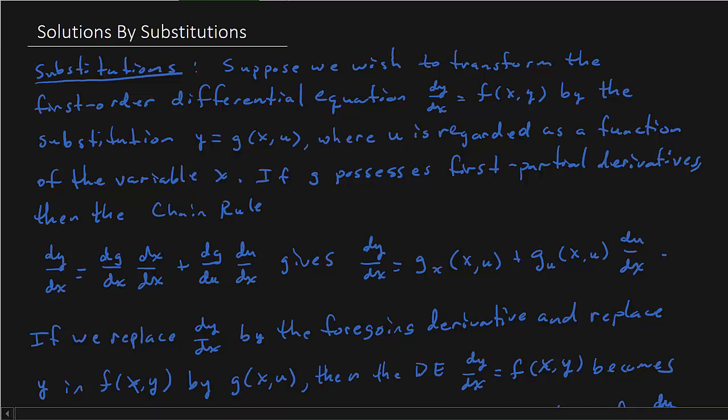Suppose we have to transform the first order differential equation dy/dx equals f of x, y by the substitution y equals g of x, u, where u is regarded as a function of the variable x.